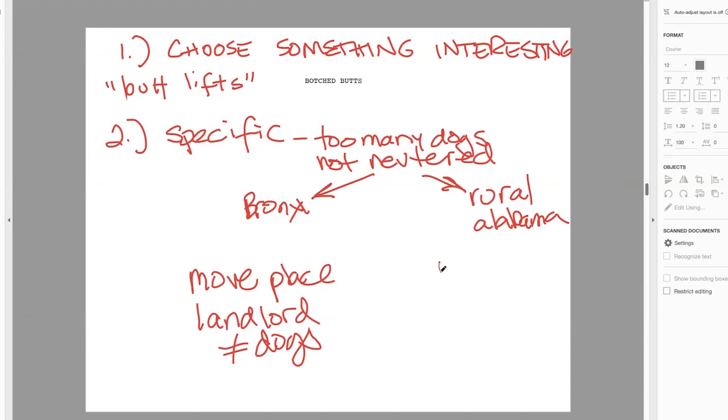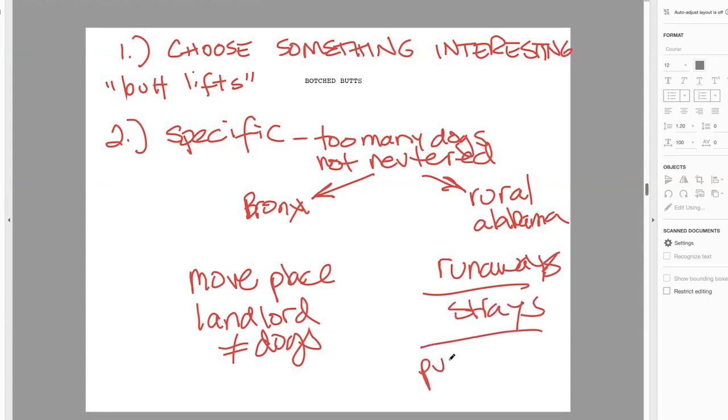But in the South, most of the dogs that wind up in shelters are runaways or strays, and they're puppies that come from unneutered dogs. So what I'm saying is, with this one topic, there are so many different ways to go. As you continue to think about your problem, try to get more and more specific.